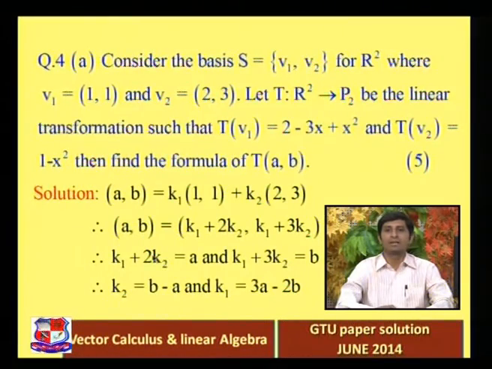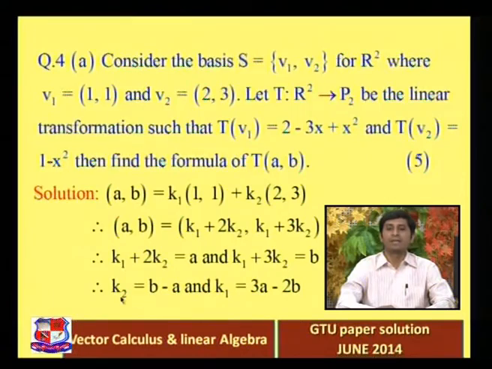Why is K2 equal to b minus a? Because when we take equation 2 minus equation 1, K1 is cancelled out. Finally you will get 3K2 minus 2K2, that means K2, is equal to b minus a, quite easily.